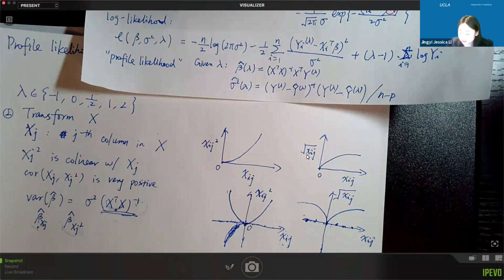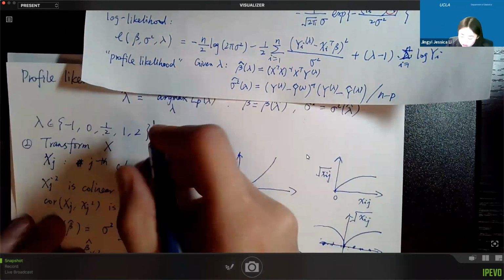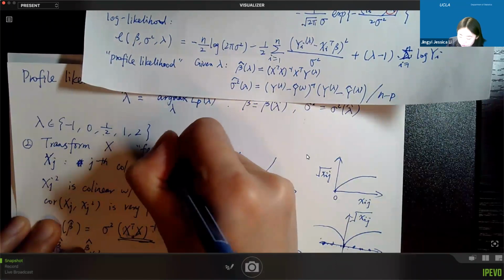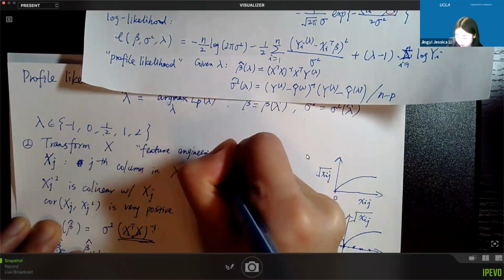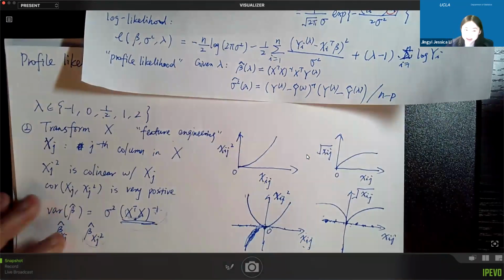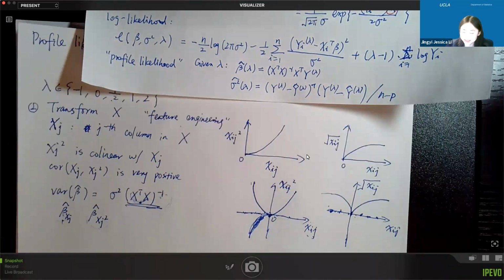Because if your xij are positive, take a log, it will have a strong collinearity. But if you do the centering and do the log similar to the square root, then you can avoid the collinearity. Okay, so another name given for this is what people call feature engineering, which is very common in current data science, right? You need to worry about the data, not just the model.